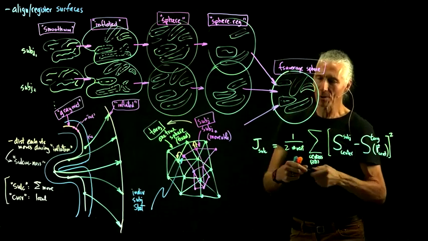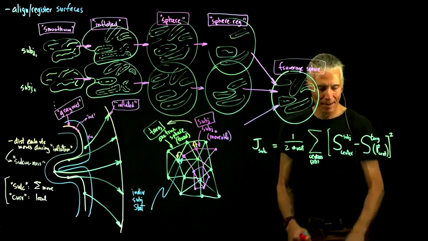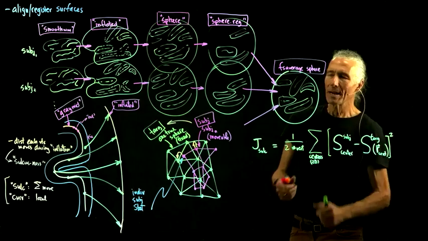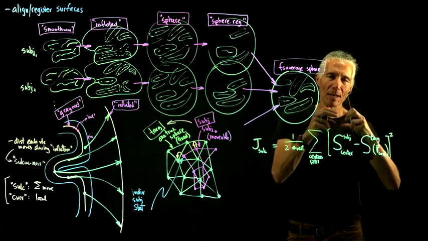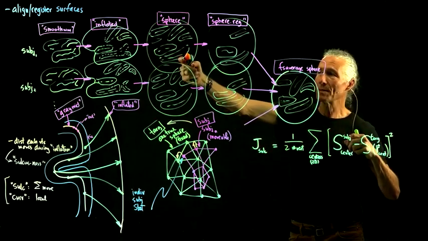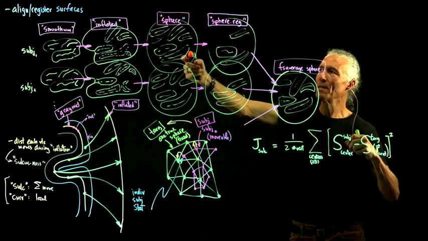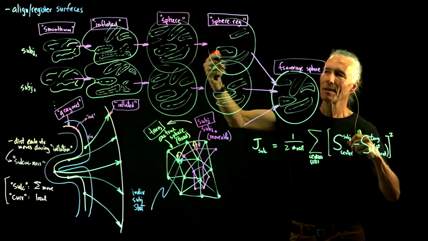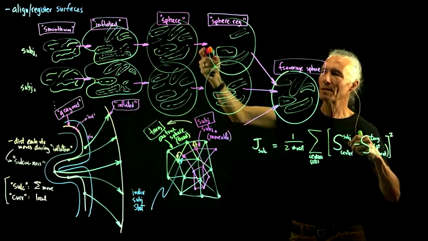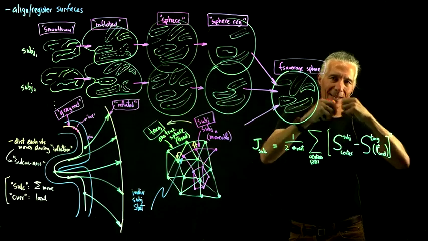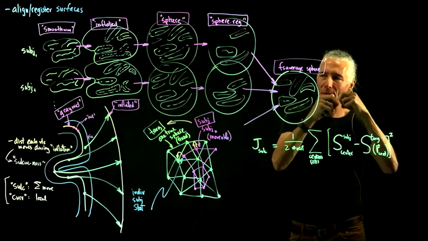So we're also going to keep those other terms that we had last time, so we try not to allow the surface to get squished up. When we're doing this process of aligning to this target sphere, we don't want the surface to get all bundled up where the vertices are all crammed together.